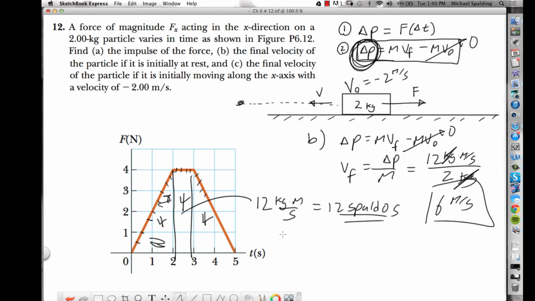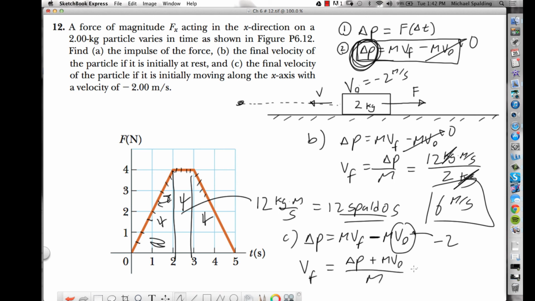So how do we find the final velocity? Change of momentum is m v final minus m v initial. Keep in mind this v initial right here is now negative 2. So what's going to happen to those negatives? They're going to cancel. Negative and negative gives a positive. So v final is going to be change of momentum plus m v initial, over m.